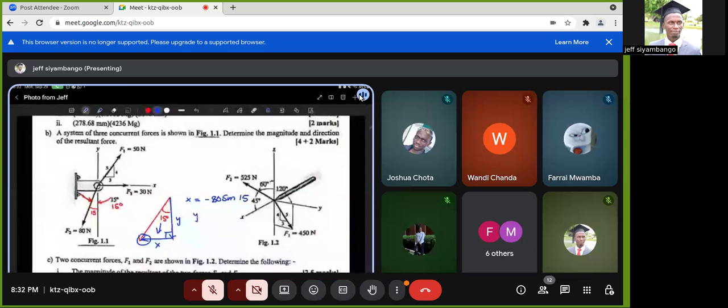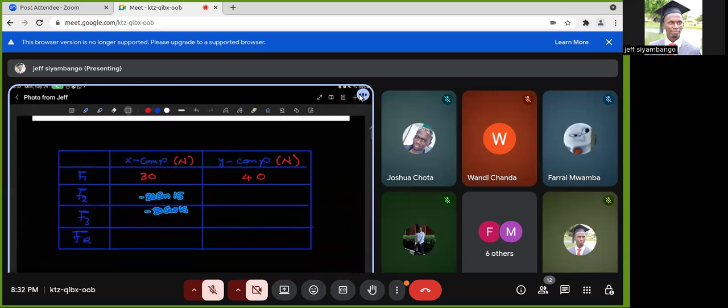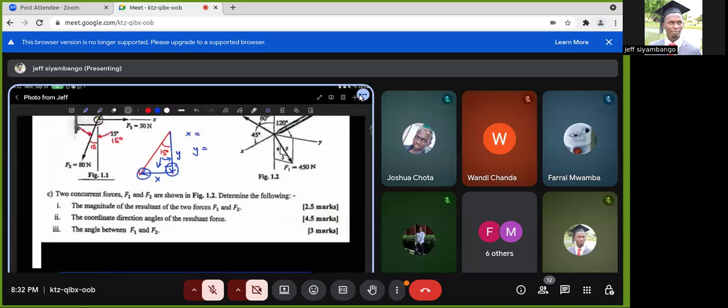Then to get the y component, which is side by side with the 15, so adjacent, that is cosine, and it will also be going downwards, so minus 80 cos 15. So this was for F2, and then the components just like that.